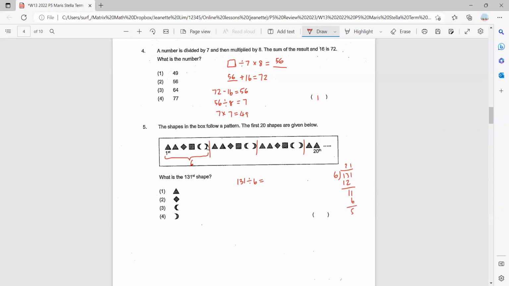So 5. 21 remainder 5. There are 21 groups, so that one doesn't matter, because 21 will repeat the same pattern. But a remainder of 5 means 1, 2, 3, 4, 5. That's the 5th shape in the pattern. So the answer is 3.